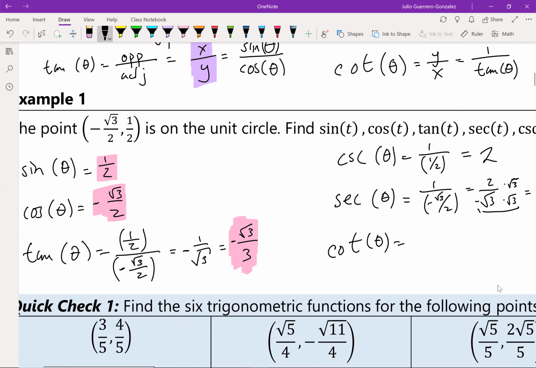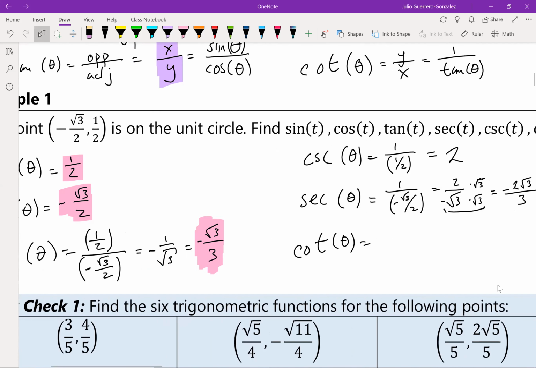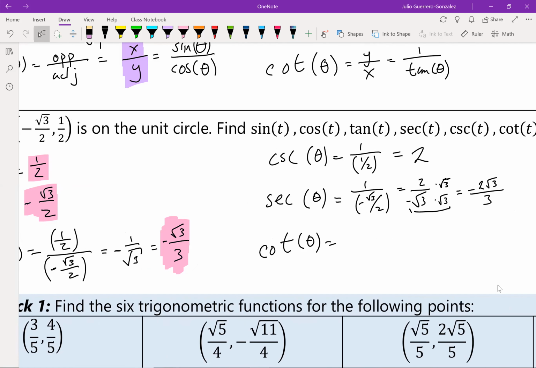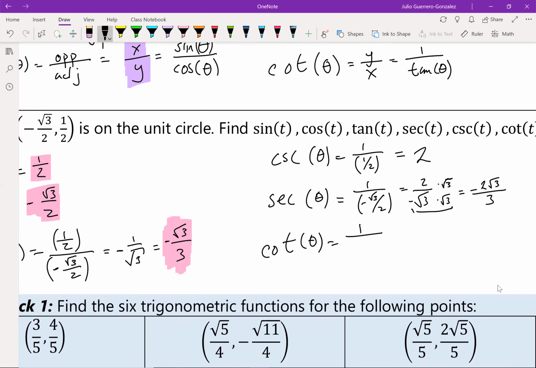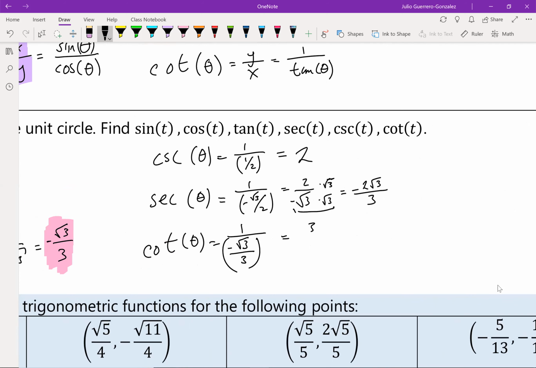Let me do the 1 over tangent. So it's going to be 1 divided by negative square root of 3 divided by 3, and this is 3 divided by the square root of 3. This is going to be negative, and this reduces to negative square root of 3.